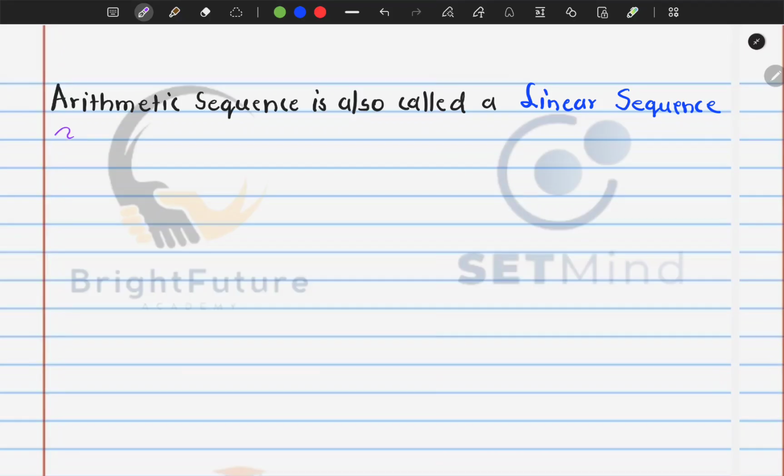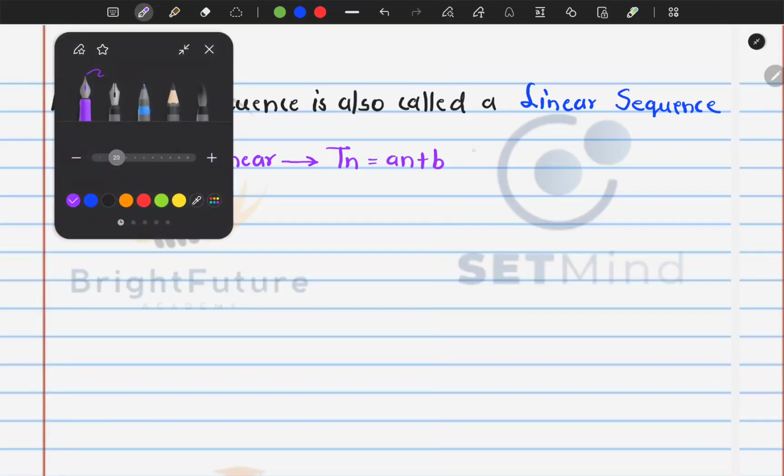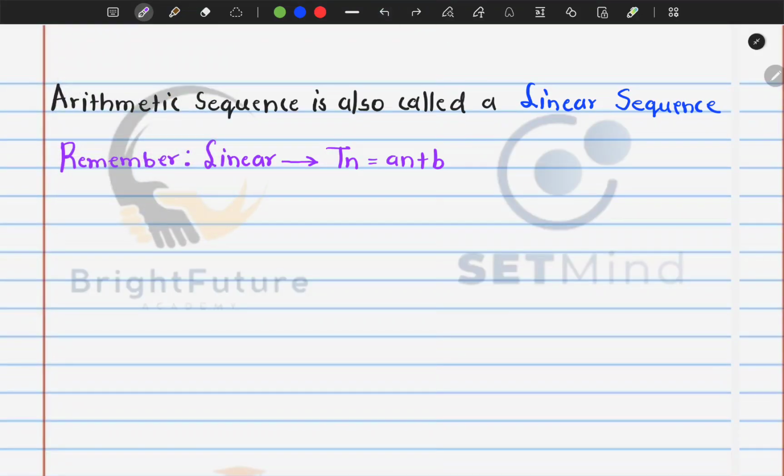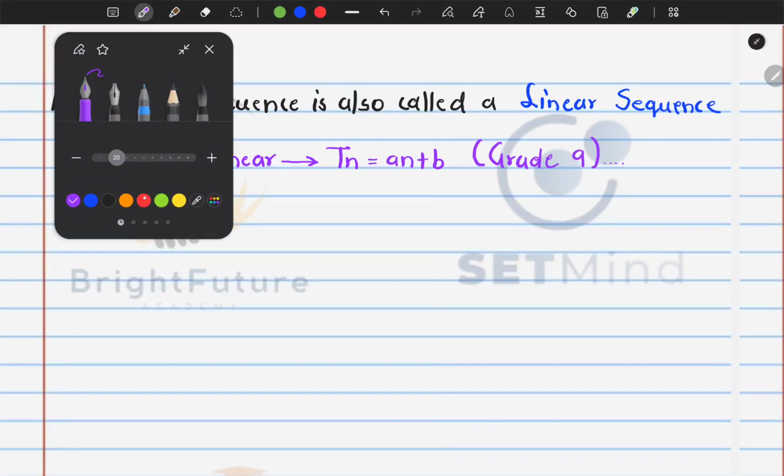So when you hear a linear sequence, you should remember from your early years, I believe that should have been grade 9, that whenever we are speaking about something that is linear, you would have Tn equals an plus b, like this. So our series will fundamentally look this way. If you do remember, this is something which we did back in grade 8 and 9.